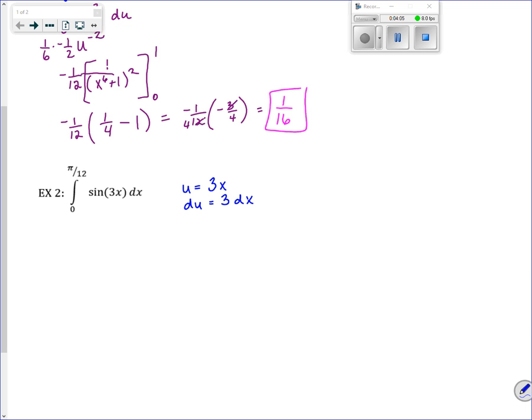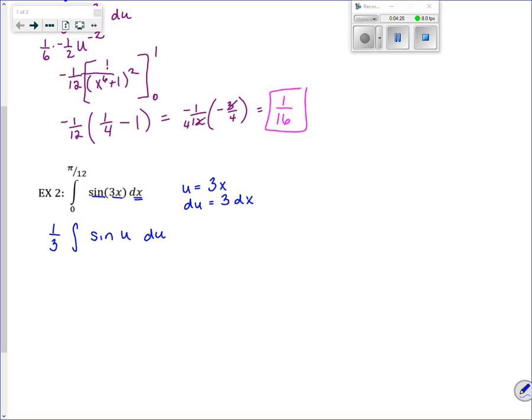So what am I really integrating? I'm really integrating sine of 3x, which would be the sine of u. Now dx would be du over 3. So I'll just do it like that. Notice I don't put the bounds because I have it in terms of u.